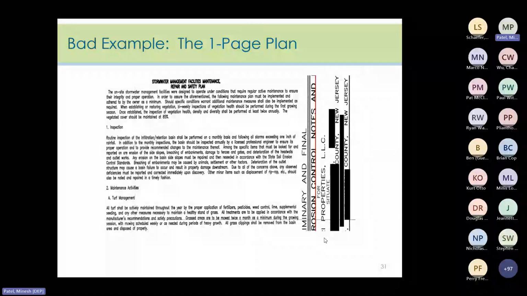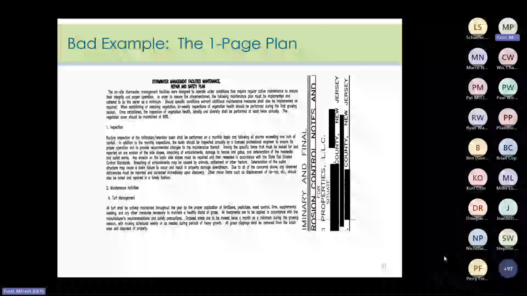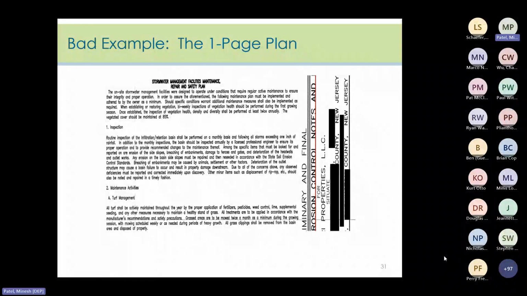Now let's look at some bad examples. If the stormwater management plan consists of a single sheet or is part of a plan sheet, that should be a red flag right away. Remember, the rules require schedules of the various types of maintenance tasks, an equipment list, cost information, along with a logbook to record the actions that were performed.